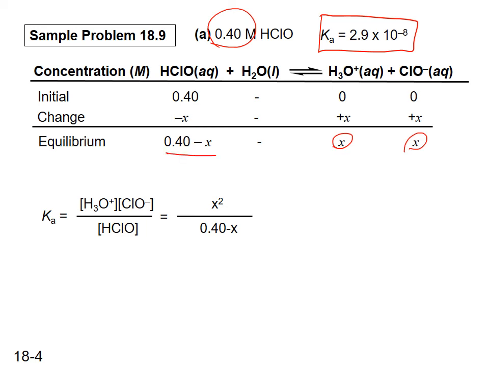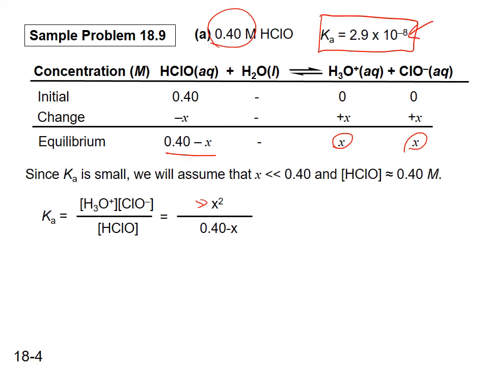Now to solve this X, we realize that Ka is a very small number, and that indicates only a small amount of acid dissociates. So X should be very small, negligible, and therefore this denominator is approximately 0.4. And that simplifies the math calculation. Note that 0.4 is just the initial concentration.